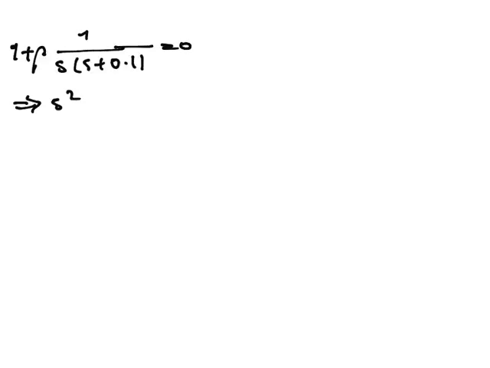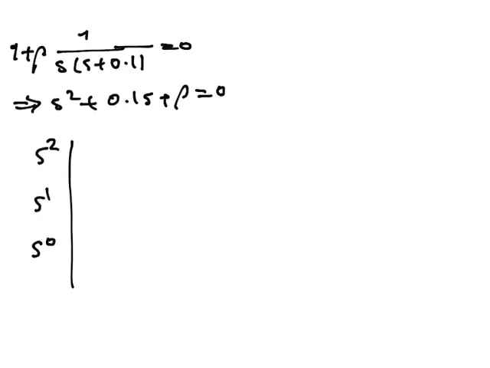So we want to analyze the stability of the system. Again, we can write the characteristic equation, which is 1 plus rho times 1 divided by s multiplied by s plus 0.1 equal to 0. And then if I rewrite it, we will have s2 plus 0.1 s plus rho equal to 0. Then we can construct the Routh table for this equation, s2, s1, s0.